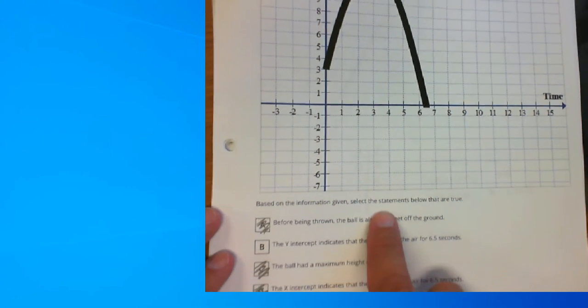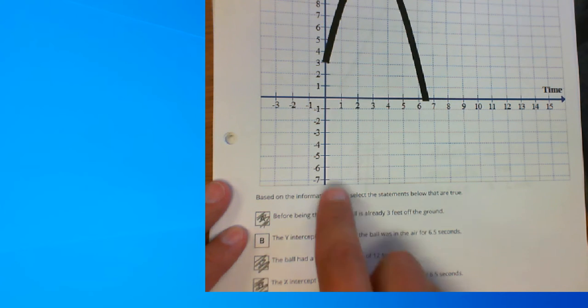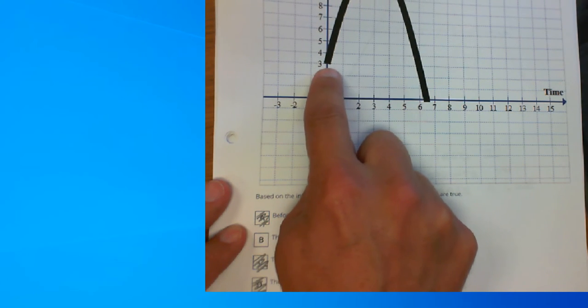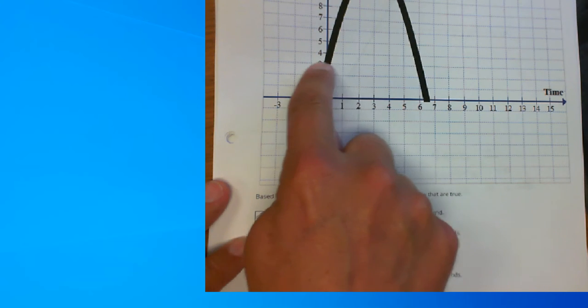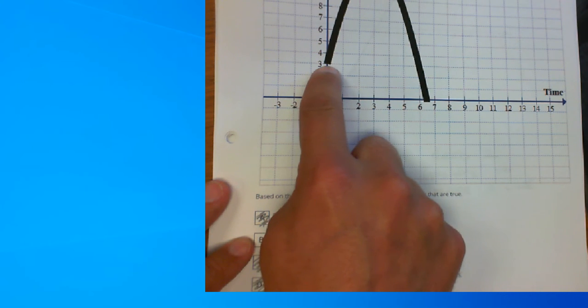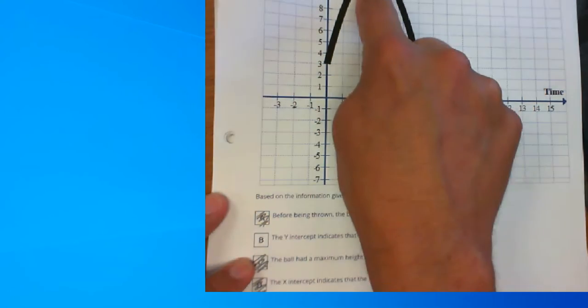True: before being thrown, the ball is already 3 feet off the ground. That is correct. The y-intercept indicates that the ball was in the air for 6.5 seconds? No. That means the ball was 3 feet off the ground when it started. The ball had a maximum height of 12 feet.